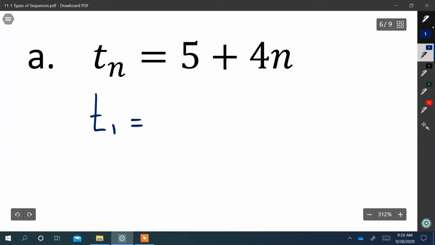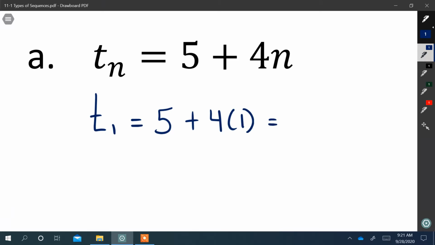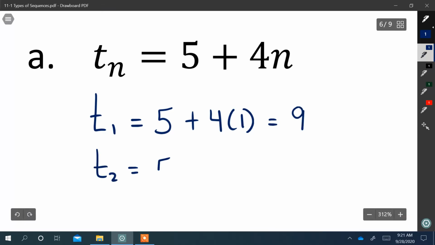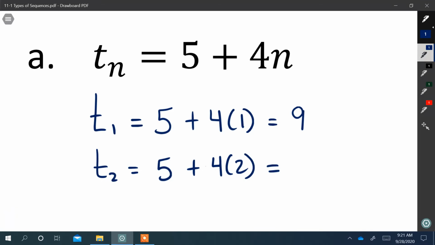So T1, how do we find T of 1? Well, all we have to do is replace that n with a 1. So kind of like substituting. All right, so 4 times 1 is 4 plus 5. Well, that would be 9. How about T of 2? Well, 4 times 2 is 8.